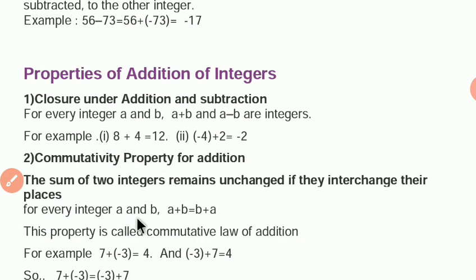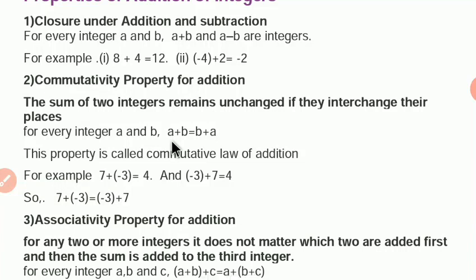We have taken two integers a and b. If we interchange the places, in place of a we have written b, and in place of b we have written a. The sum of two integers remains unchanged if they interchange their places. If we exchange the places of a and b with each other, the answer will be unchanged, meaning the answers will be equal. So this property is called commutative law of addition.